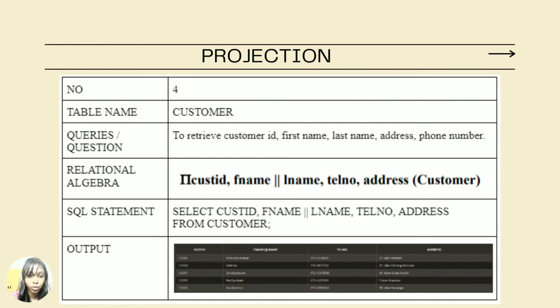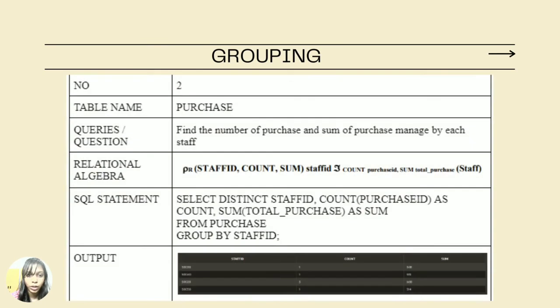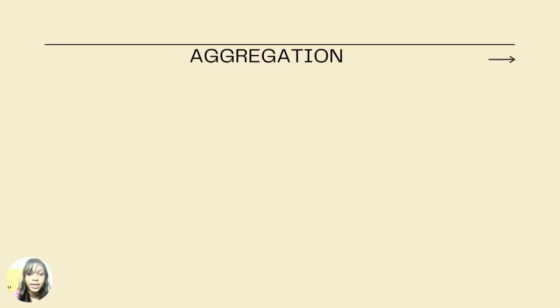And the next operation will be the grouping, where we did the grouping from the table purchase to find the number of purchases and sum of purchases managed by each staff. By using the relational algebra and also suitable SQL statement, select distinct staff ID, count purchase ID as count, sum total purchase as sum from purchase group by staff ID, we managed to get the output, and you can see this is the output.